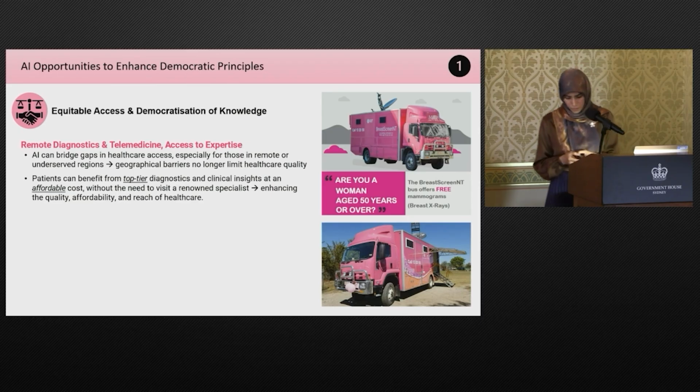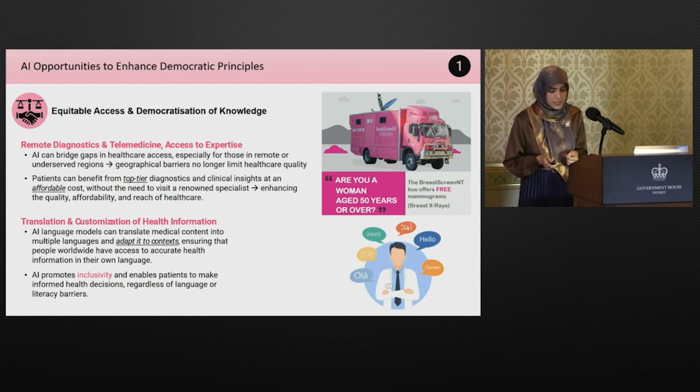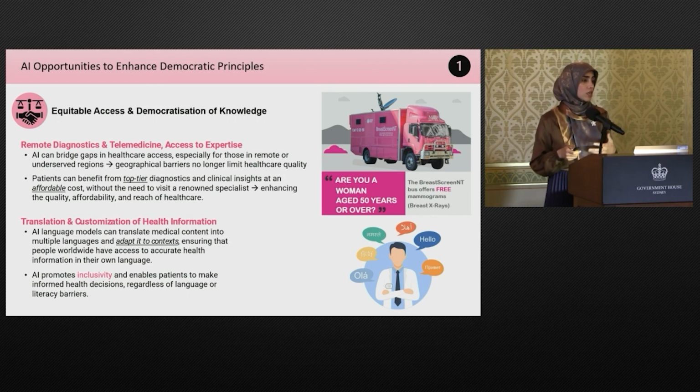Beyond that is translation and customization of health information. During COVID-19, for instance, AI played an important role in translating the information around the regulations and what should be done to different communities and different languages. And this is very important in Australia in particular because we are a multicultural, multilingual country.